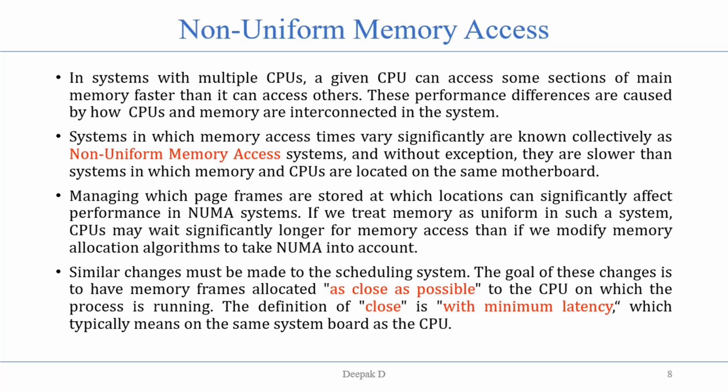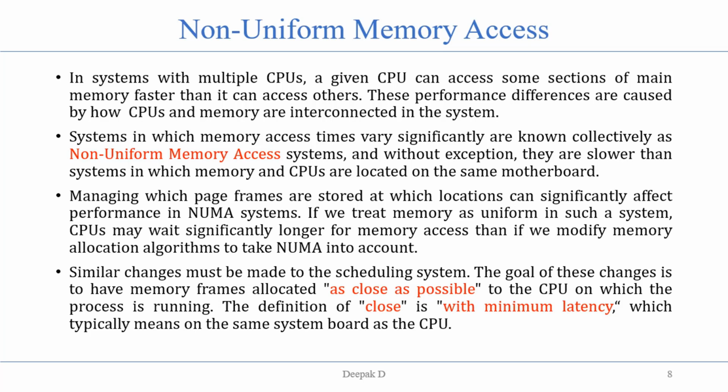Memory is not accessed equally. There are systems with multiple CPUs where some CPUs can access some sections of main memory faster than other CPUs. So this causes a performance difference between the CPUs.